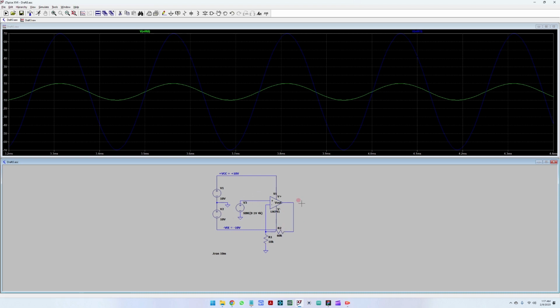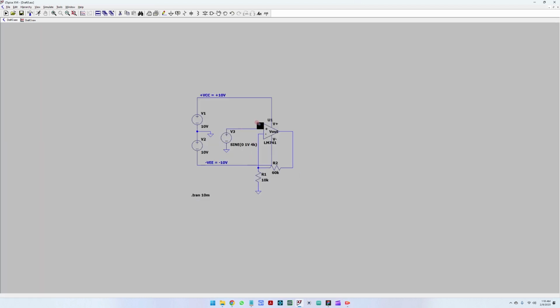inverting input design. So for the inverting input design, let me do a copy here, just so that we take all the components. So Control C to copy the components from one side to another, because I would like to do a parallel between the two designs.